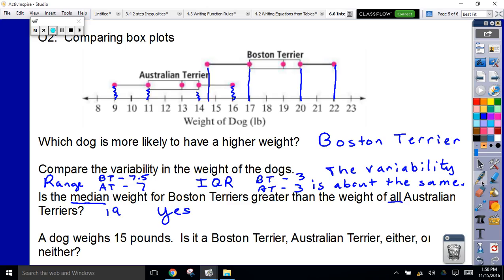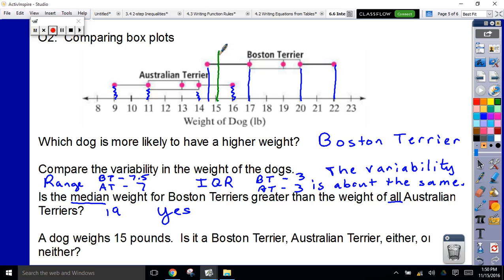Okay, next question says a dog weighs 15 pounds. Is it a Boston Terrier, an Australian Terrier? Could we say it could be either, or could we say it's neither one? What could I say? Travis? I'm gonna say it's the Australian Terrier. Okay, well, let's look. Here's 15, right? Let's draw a line up from 15.